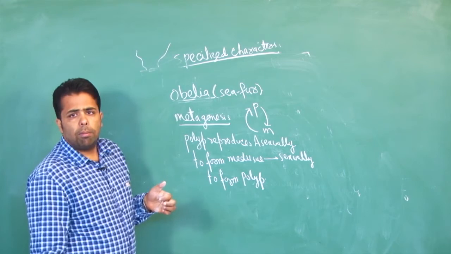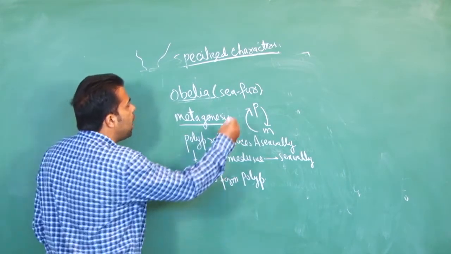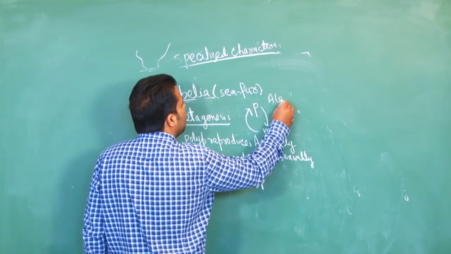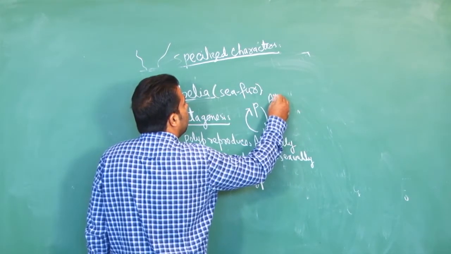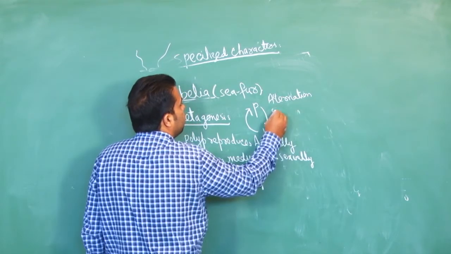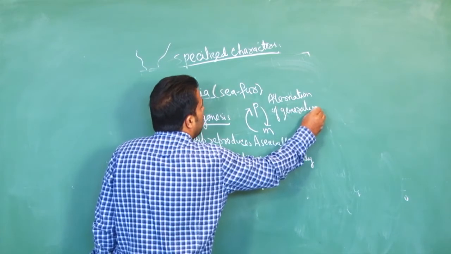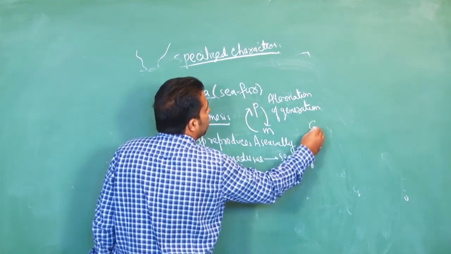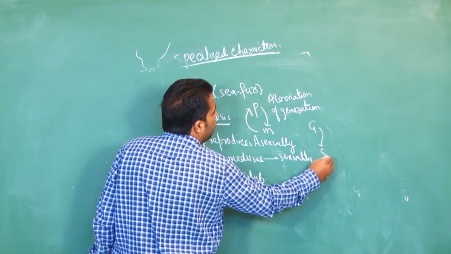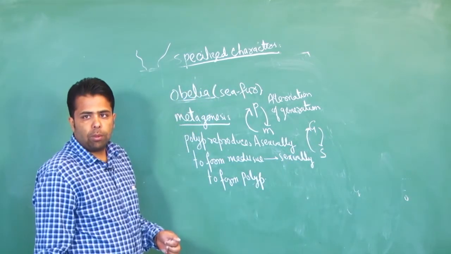There is a term called alternation of generation that's used in plants. What is alternation of generation? In plants we say gametophyte gives rise to sporophyte and sporophyte gives rise back to gametophyte.